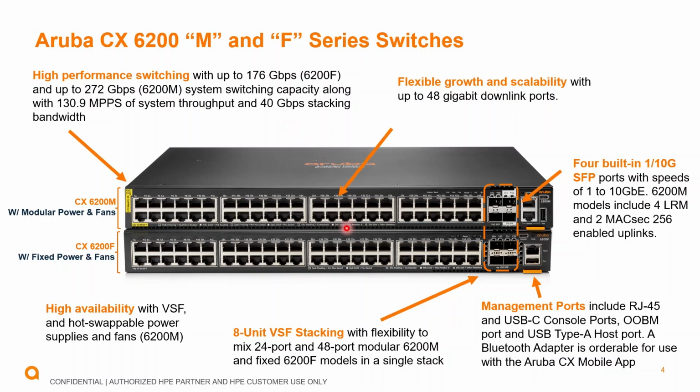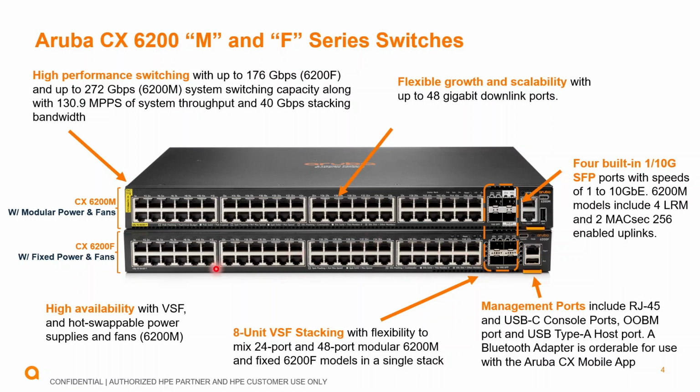Whether in a branch office or a small to large enterprise environment, you can choose from 10 one-rack unit models, 5 in the fixed SKUs and 5 in the modular SKUs. Each switch includes 4 built-in uplinks that auto-negotiate from 1 gig to 10 gig to deliver non-blocking performance.